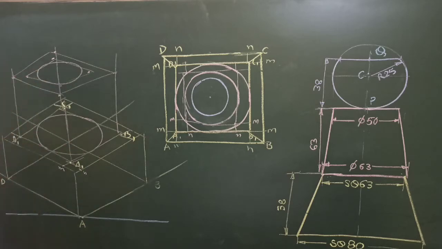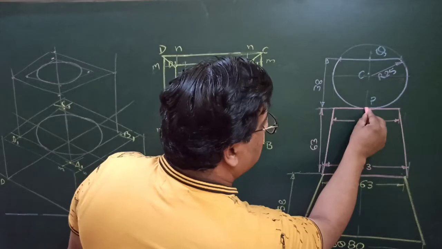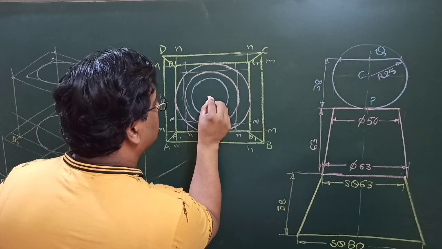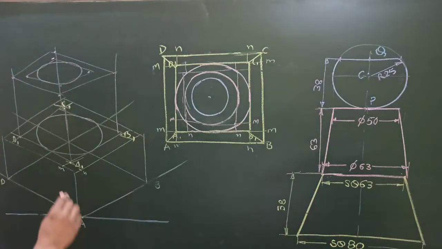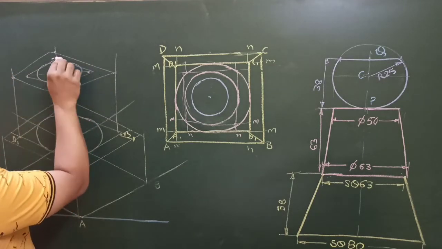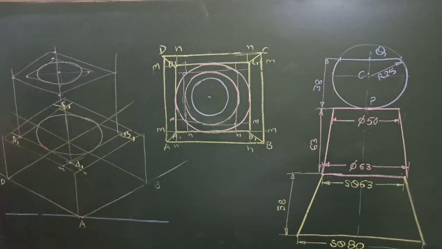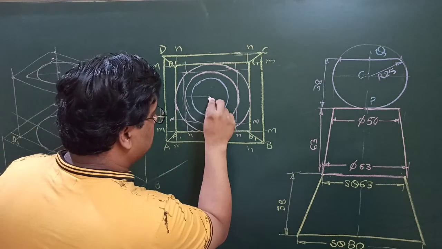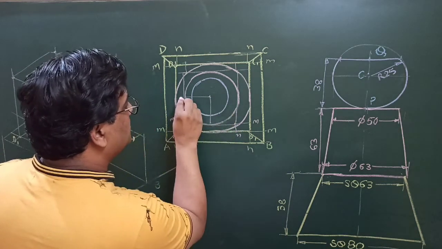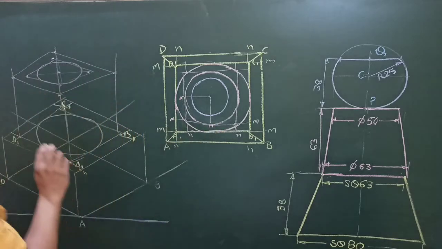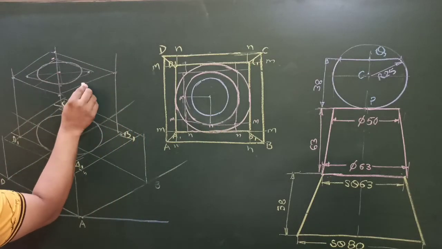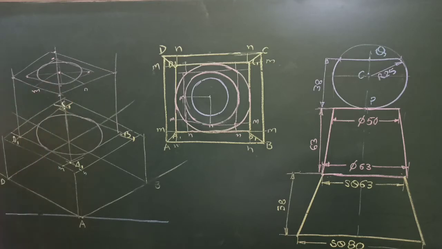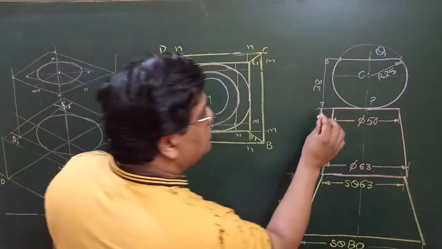Now we have come up to this point, means this point has reached. Now you have to identify this touching point. This we can find out by finding the center of this, or using the MN method. This is M, this is N. So you can easily find out this center. Now what we have to do?